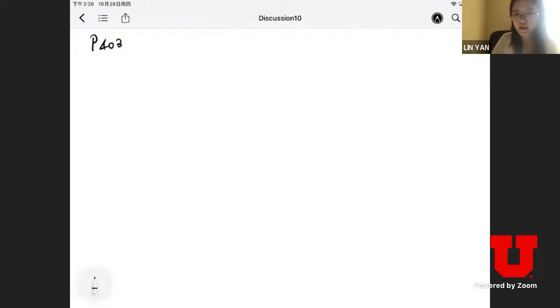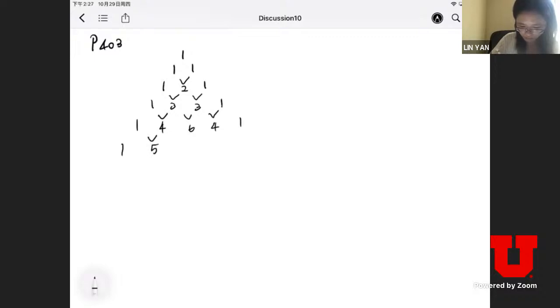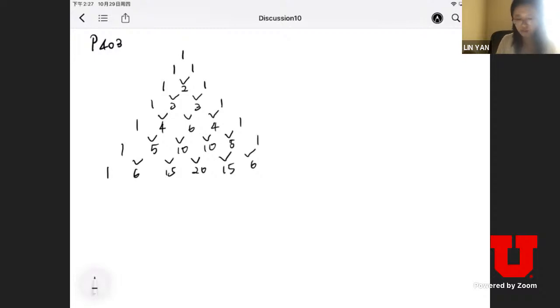This triangle is simply a table for the value of n choose k in the shape of a triangle. 1 plus 1 is equal to 2, and then 1 plus 2 is equal to 3, 2 plus 3, and so on: 1 1, 1 4 6 4 1, 1 5 10 10 5 1, and so on.